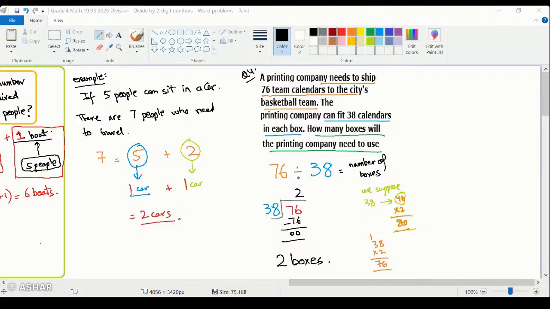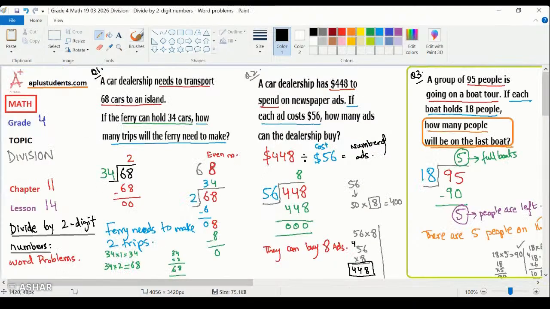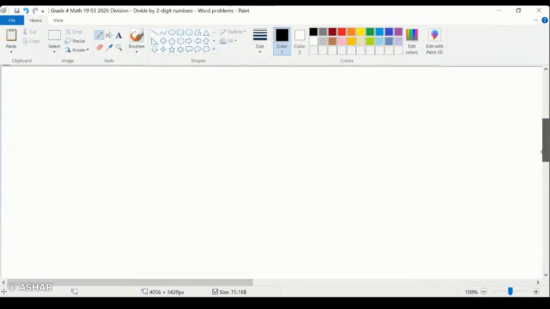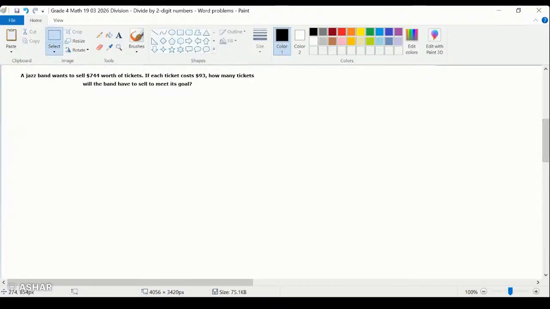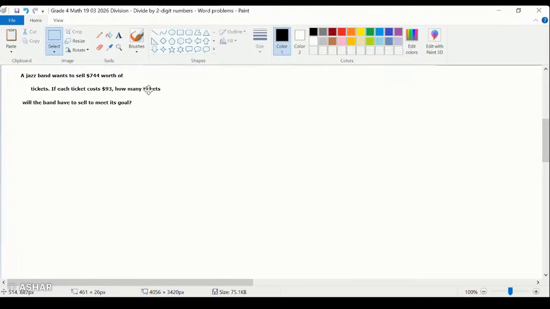Question number 5. A jazz band wishes to sell tickets worth this. How many tickets will the band have to sell?